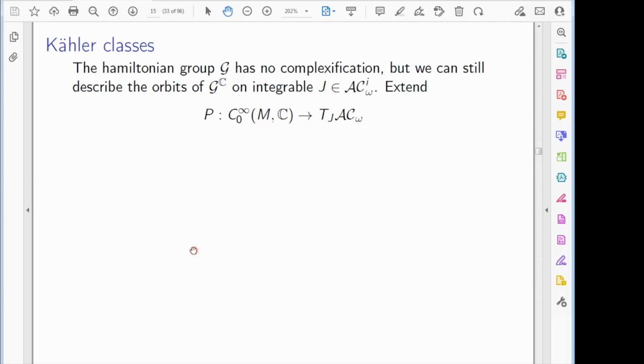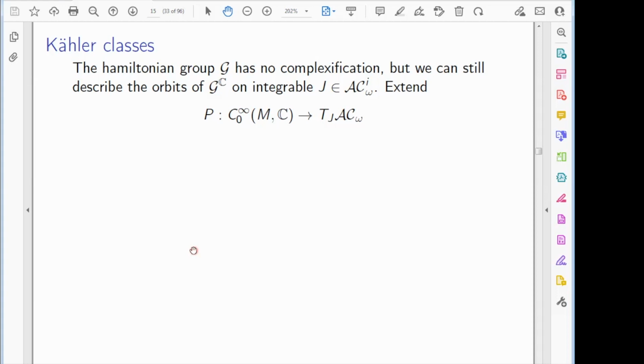So this is a Kähler structure. Then consider all almost complex structures J such that there exists a diffeomorphism, isotopic to the identity, with J the image of J0.